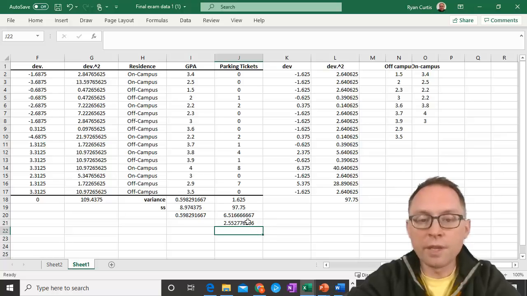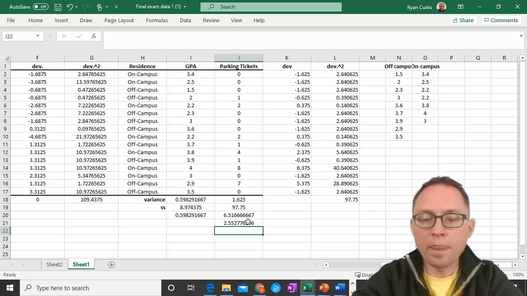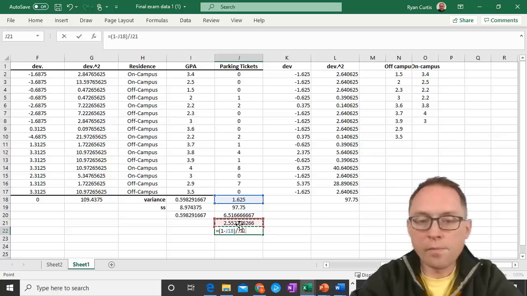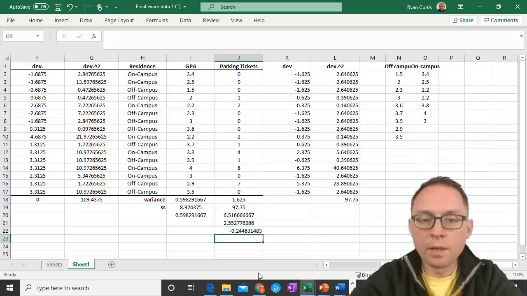That should be our standard deviation. So our z should be, remember, our x is 1. Let me go ahead and put parentheses in here. It's 1 minus the mean, which is 1.625, divided by the standard deviation. Negative 0.244. All right. Now here's another way we can do this. We can do this in RStudio if you want.